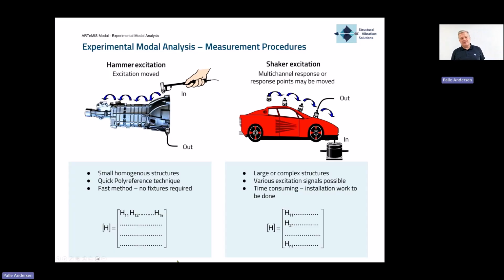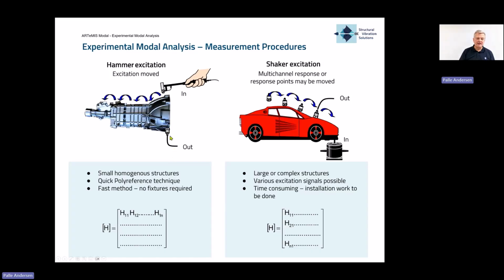If you do that, then we get rows in the frequency response matrix. The frequency response matrix is, per frequency, the different relations we have between the different inputs and the different outputs. So the columns, the entries we have in this matrix, are the inputs. And the rows are the outputs.